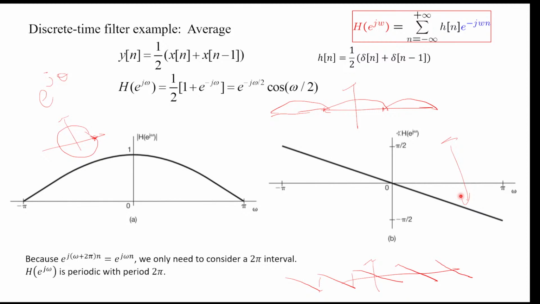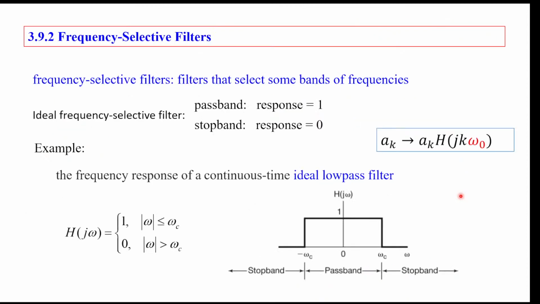Okay. And let's talk about filters. I guess the most well-known filters that people like to talk about are those frequency selective filters. Okay, so the frequency selective filters are filters that will select some band of frequency. I guess the example here is a polyphasor.